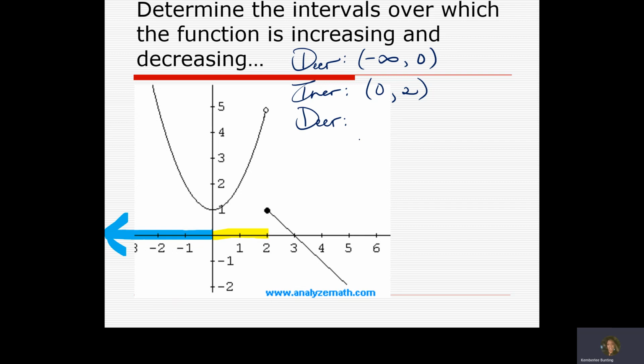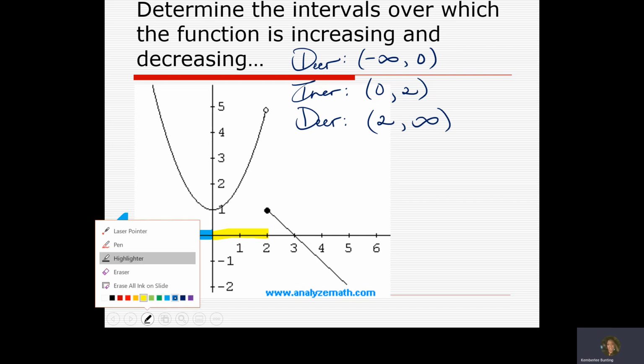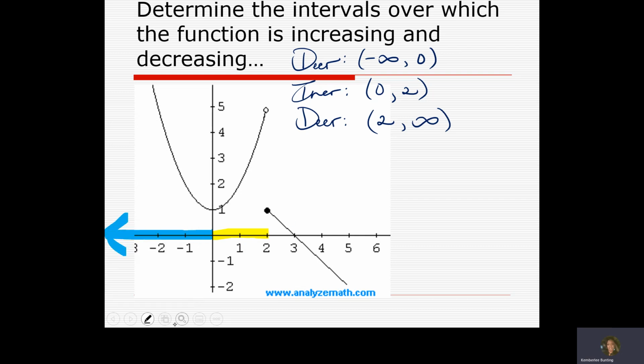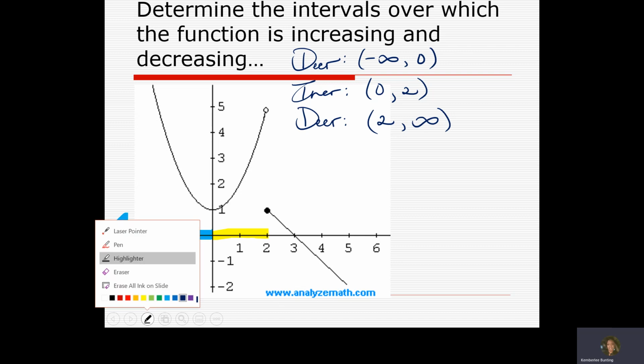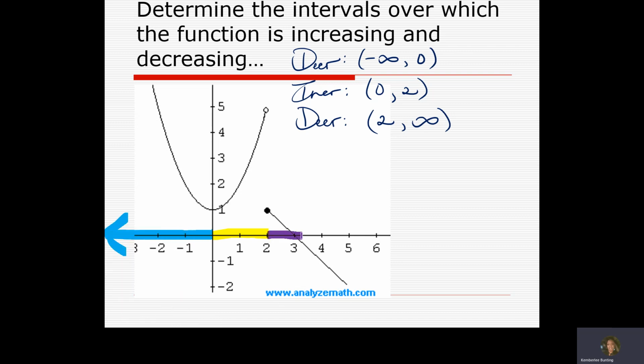It decreases again from 2 to positive infinity. Let me color that in. Okay?